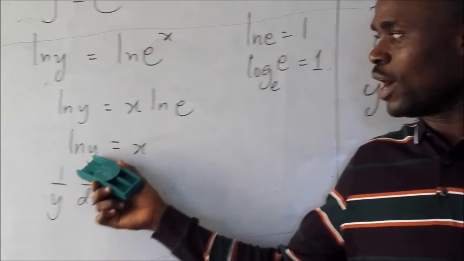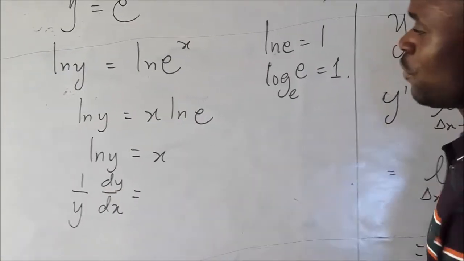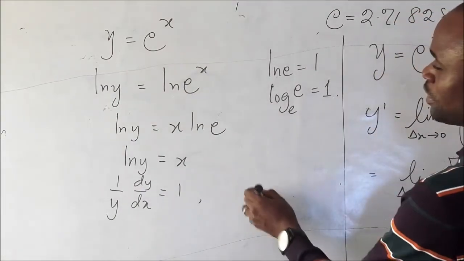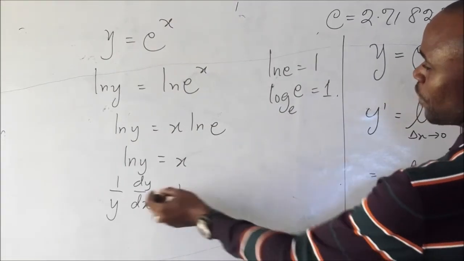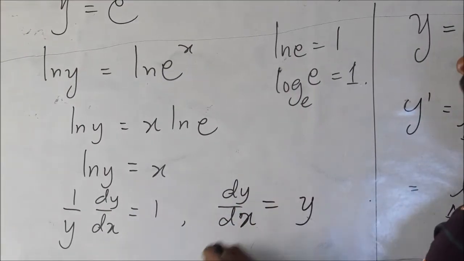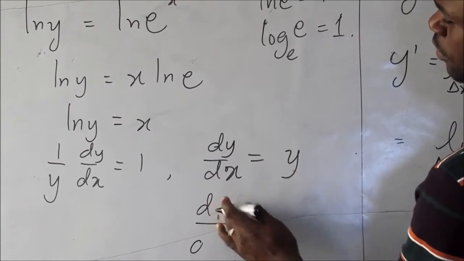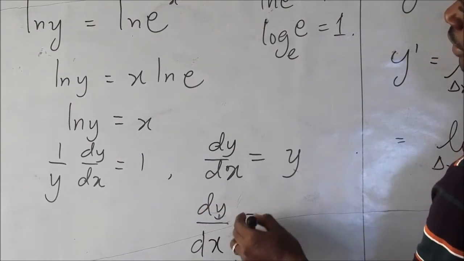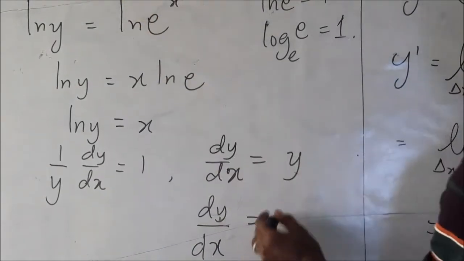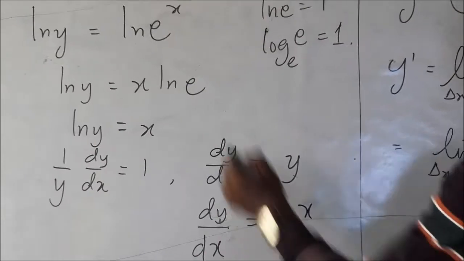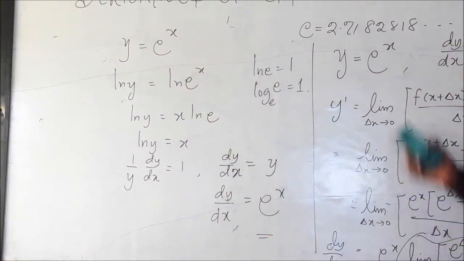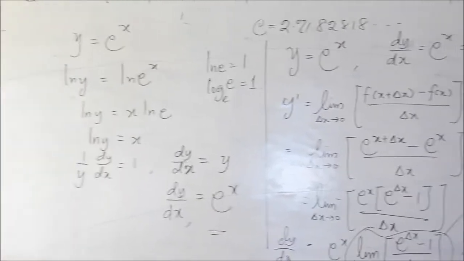If we differentiate ln y, we are going to have 1 over y dy/dx, and if we differentiate x, we are going to have dx over dx, which is 1. Multiplying both sides by y, dy/dx will be equal to y. And what was y? e raised to the power of x. So you can now say that when y is equal to e raised to the power of x, the derivative still remains e raised to the power of x. Using this method, you can see that this is also true.